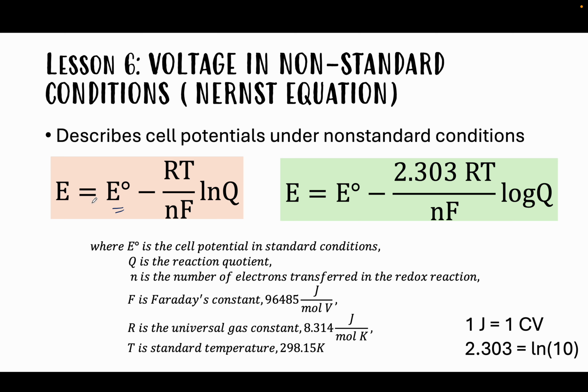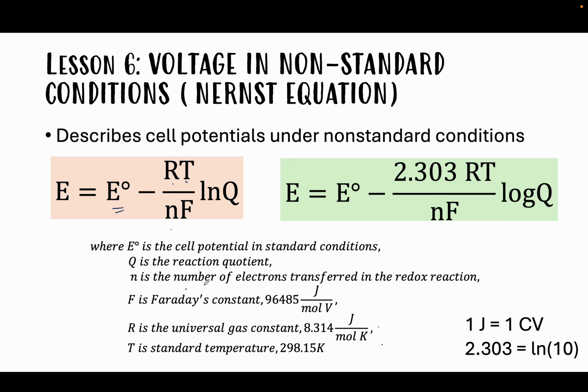So the Nernst equation is E equals E naught minus R, the universal gas constant, which in SI units has units of joule per mole Kelvin and a value of 8.314, times the temperature in Kelvin. Standard temperature is 298.15 Kelvin. So you do the math how much it is in Celsius. And then the denominator n refers to the number of electrons transferred in the redox reaction.